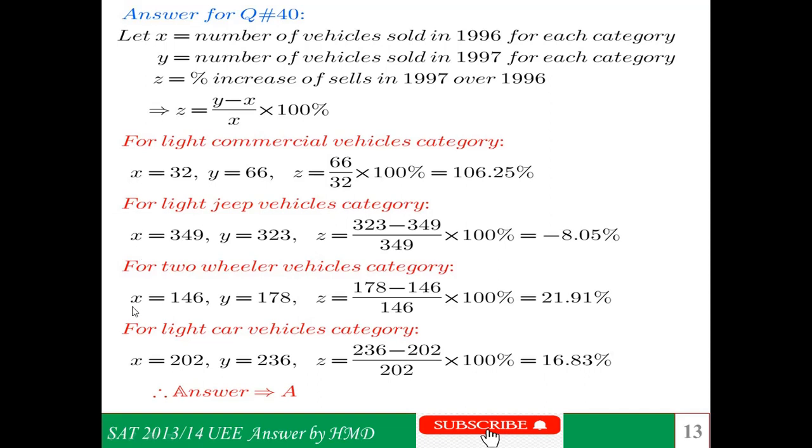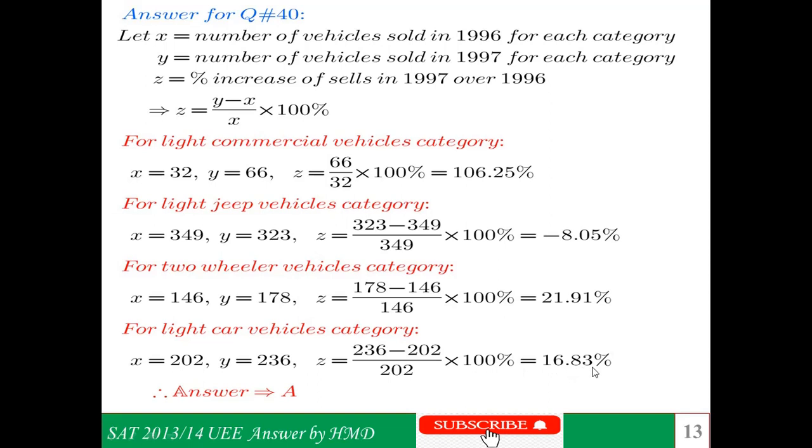This result is going to be for two-wheelers, and the other result is for Jeeps. You can interchange. For the cars category, X is going to be 202, Y is going to be 236, and Z becomes (236 minus 202) over 202 times 100%, which is going to be 16.83%, right?